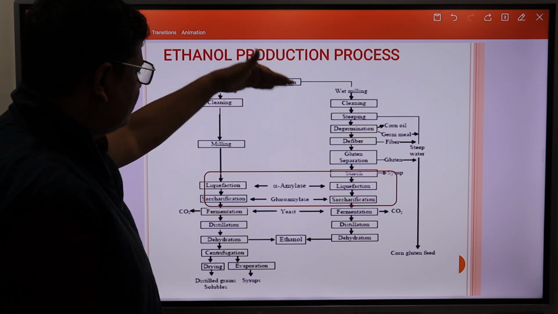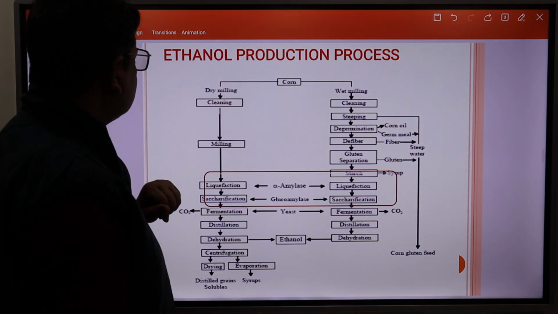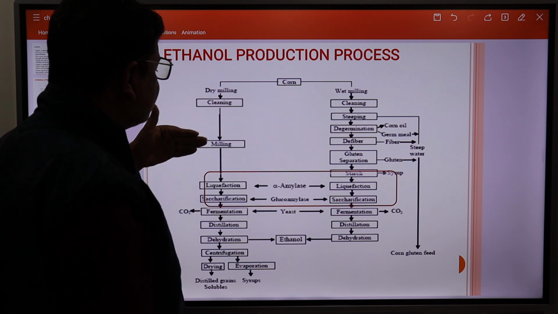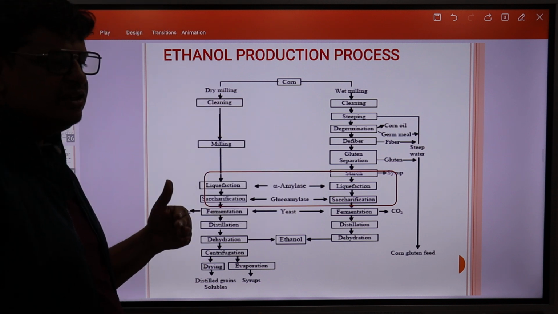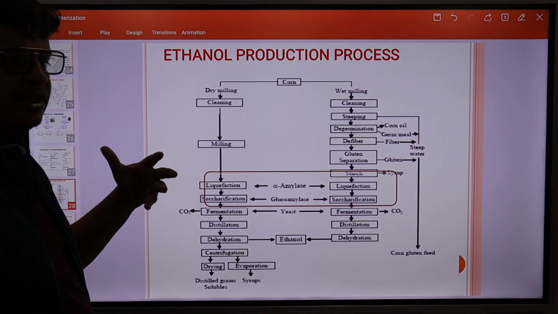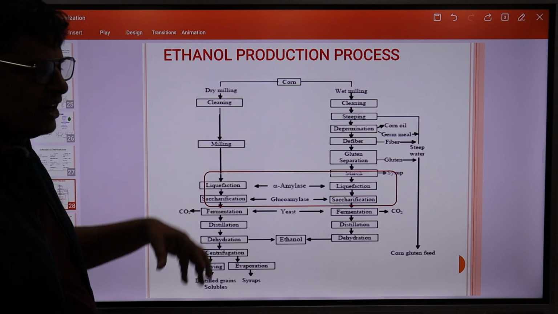This is the pathway of the ethanol production process. For example, you have taken corn and a different process to digest it, because digestion is a very important thing, where you sacrifice more than 70% of the energy available in this feedstock while processing.